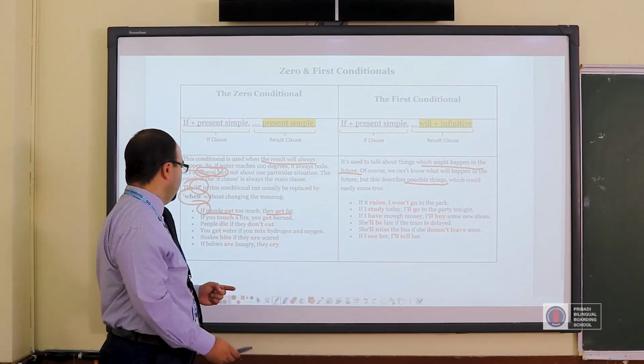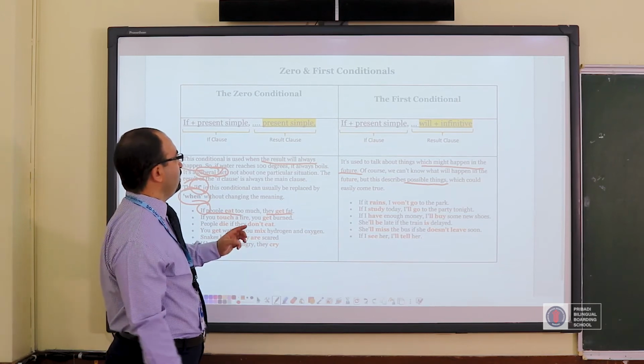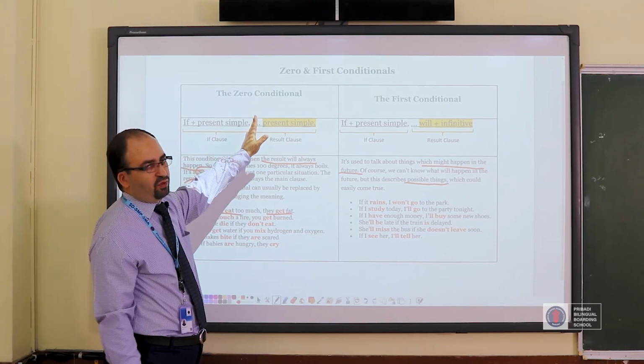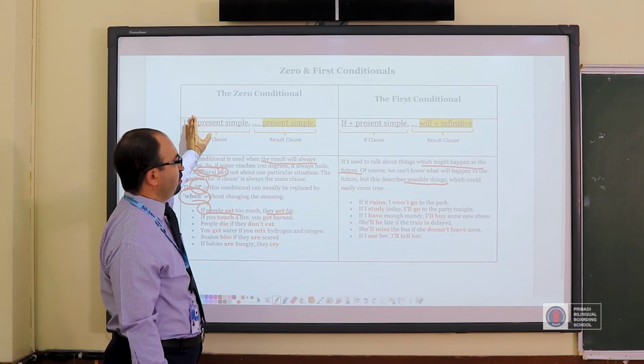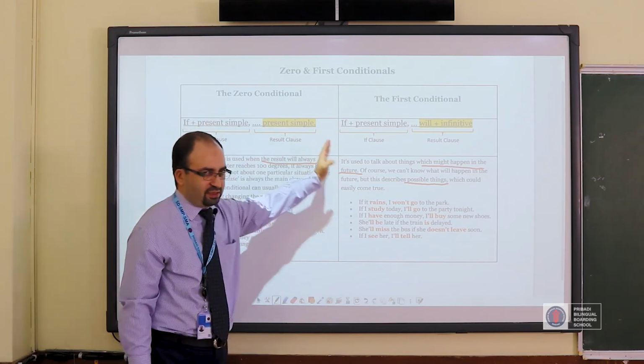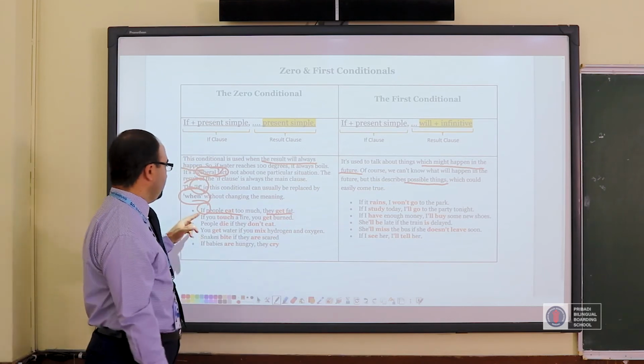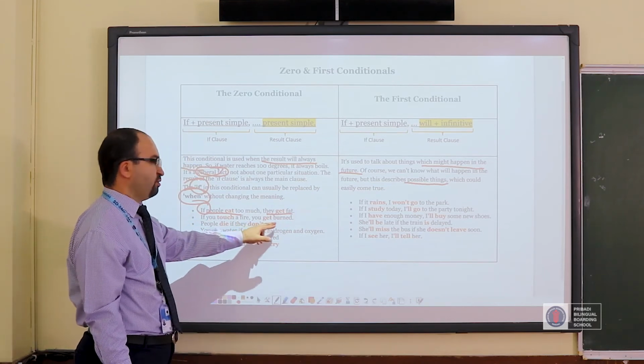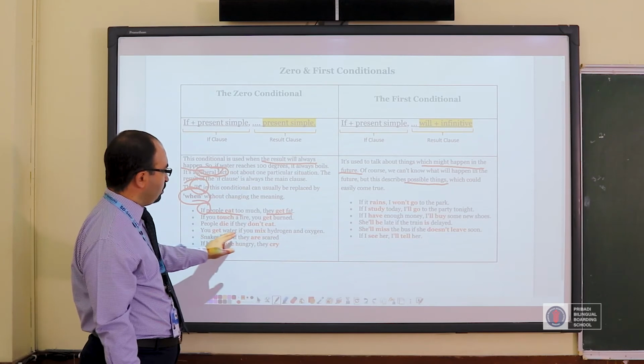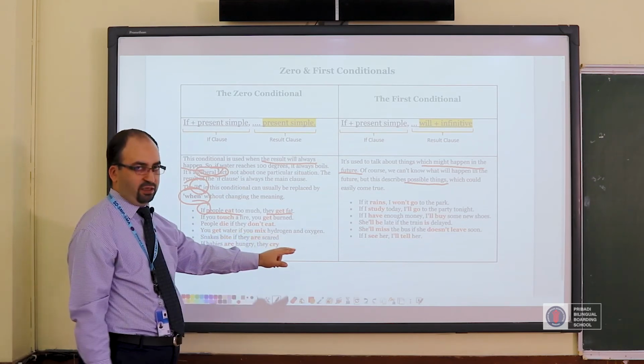And I want to remind you one more thing. The structure doesn't always come with the if clause at the beginning and the result at the end. Sometimes these can change places. For example, if you touch fire, you get burnt. You get water if you mix the hydrogen.